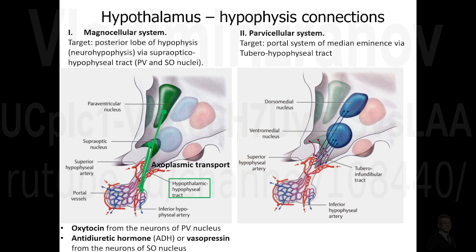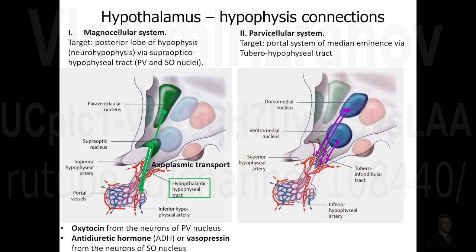The axons from neurons of the hypothalamic nuclei terminate at the plexus and secrete hormones that have been produced in smaller parvocellular neurons of the hypothalamus.